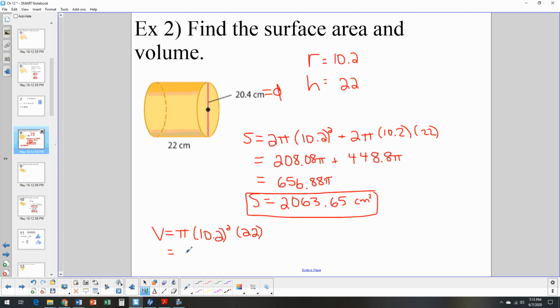Doing that, I get 2288.88, and I still have pi there. So when I multiply by the pi button, I get a volume of 7,190.73 centimeters cubed.